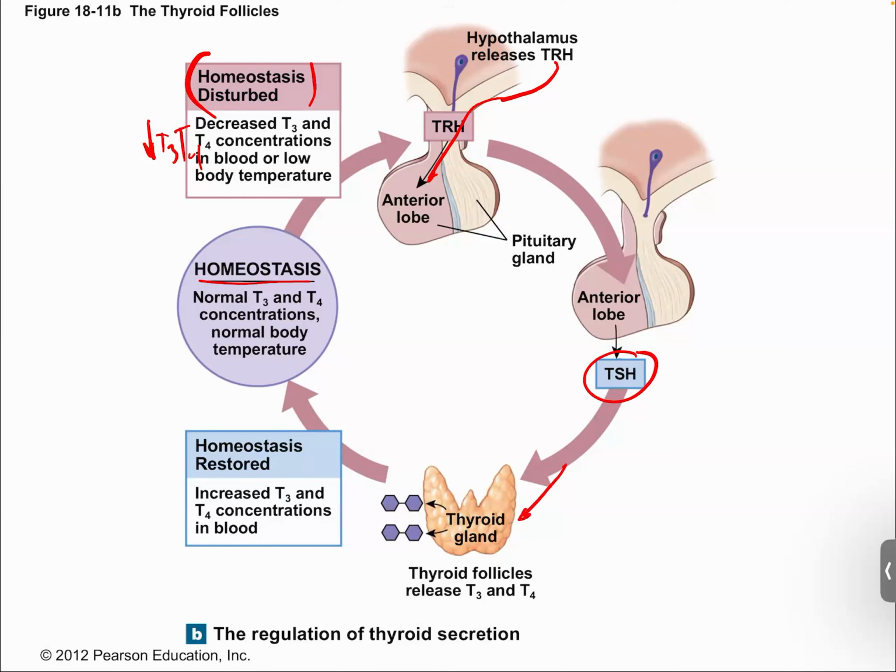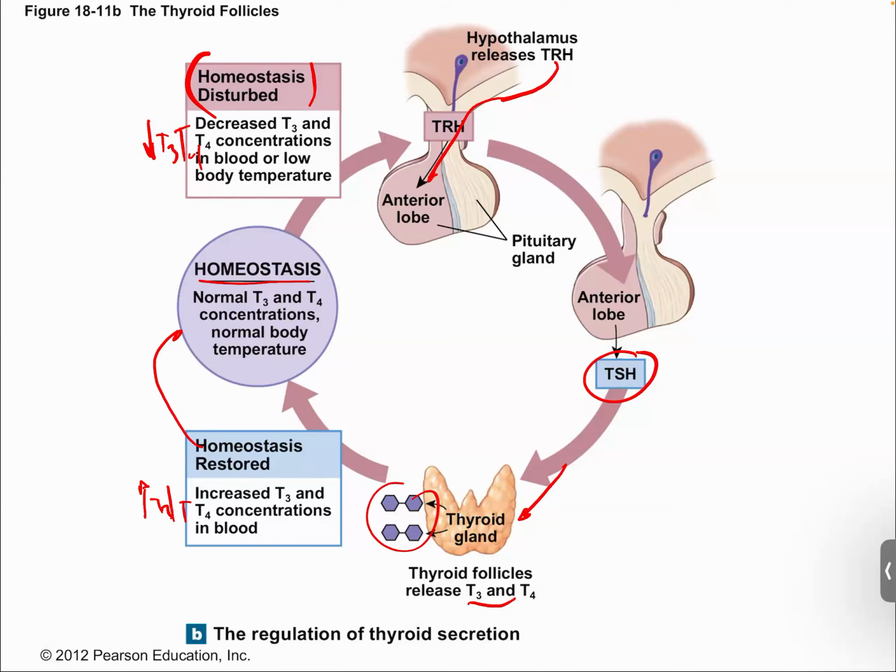The thyroid will pick that TSH up, and just like we just saw, that ion pump will be turned on by TSH. That'll allow you to bind that iodine to the tyrosine, making essentially T3 and T4, which will then be released by the thyroid gland. And when it's released, it's going to increase your T3 and T4, bringing you back to homeostatic levels.